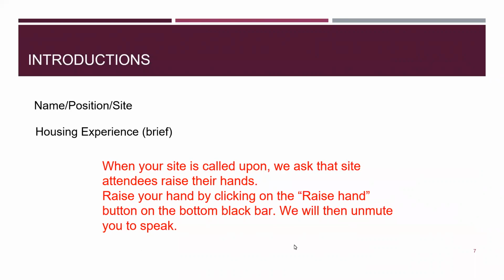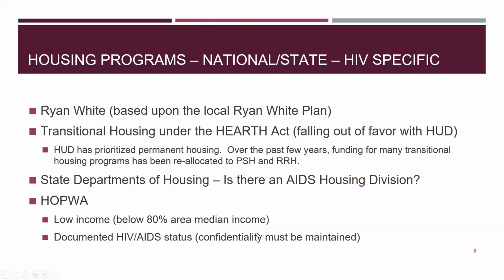Okay? So we're going to go through a little bit through this. Some of the things I think, this is going to be knowledge you already have around housing programs, national and state, that are HIV specific. So Ryan White, based upon your local Ryan White plan, you have different types of housing in your area.